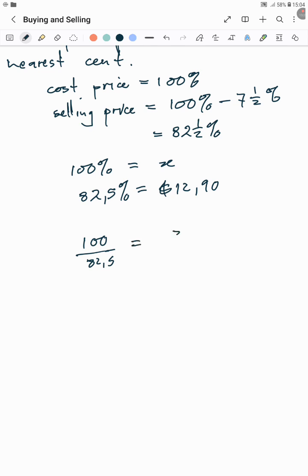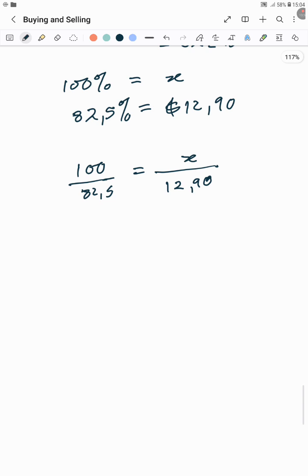If we change the divisor here into a whole number, we can multiply both the numerator and denominator by 10, so that we move this comma on the divisor.